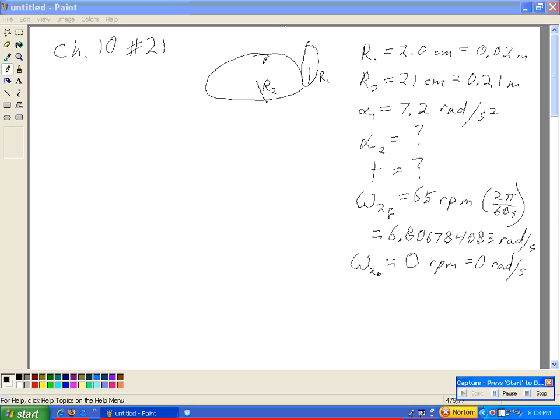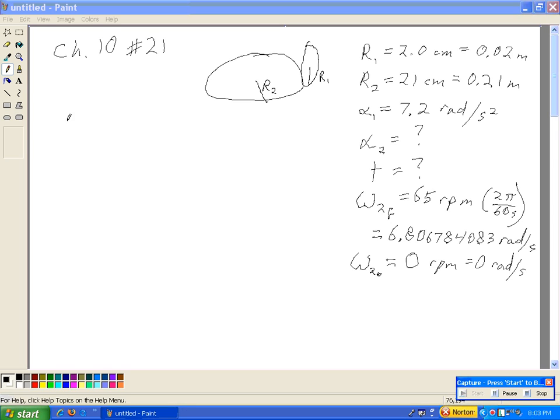First, what acceleration, that would be that angular acceleration, and then how much time would it take to get it up to that angular velocity?